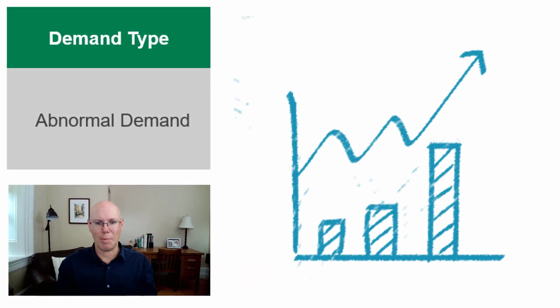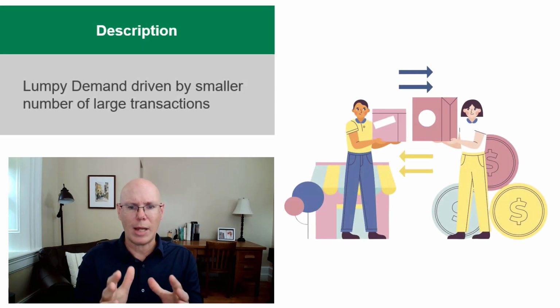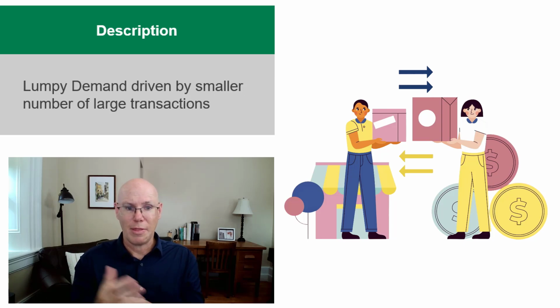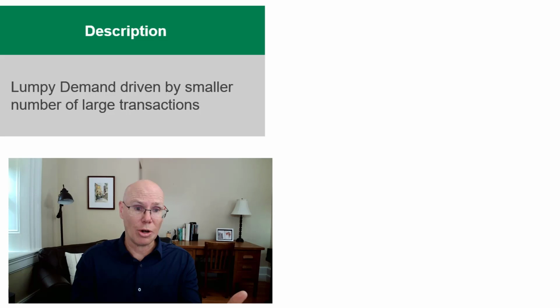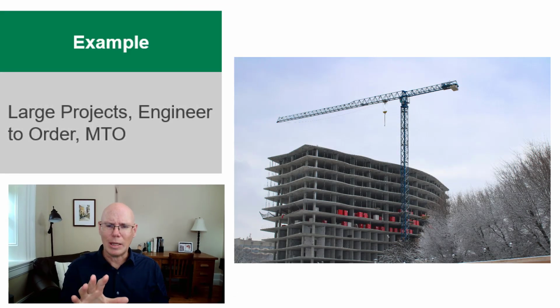What is abnormal demand? Well, we can also call this lumpy demand or project demand. This is demand that's driven by a smaller number of transactions for a larger amount or quantity on the individual transaction. Think about this like a large ETO project or even some configure-to-order items. Typically, we're dealing with longer lead times and longer sales cycles.